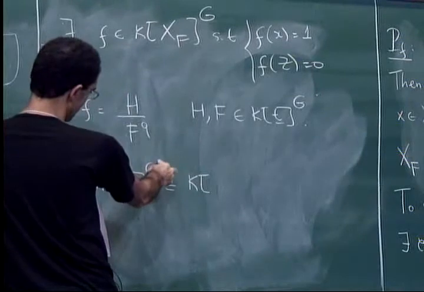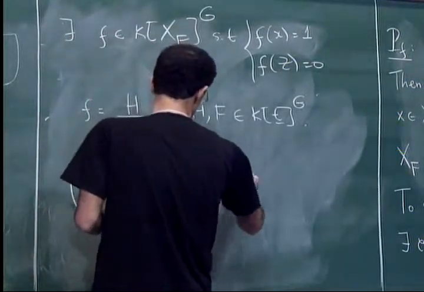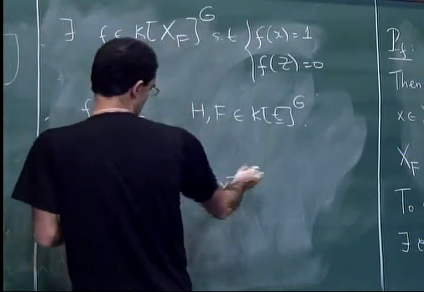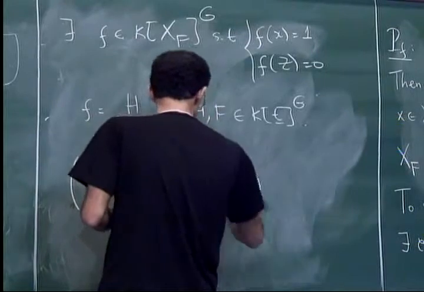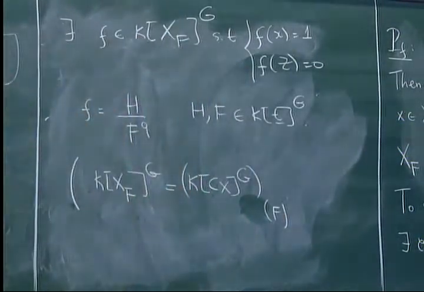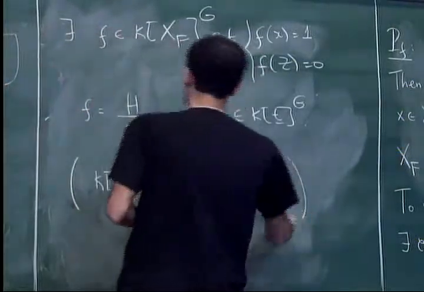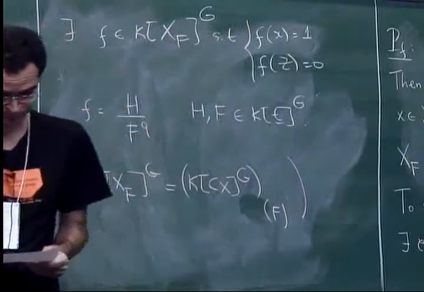And then you're taking the G-invariants. So you can commute that. And so this is the G-invariant of the coordinate ring of the cone, or the variety if you want, localized. Okay. So if you use that, you can get this description of f, where the numerator is invariant as well.